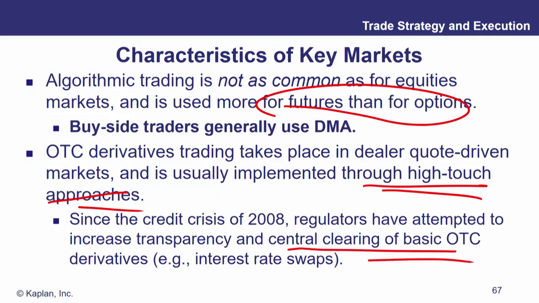Since the credit crisis of 2007 to 2009, regulators have tried to increase transparency and central clearing of over-the-counter derivatives, for example, interest rate swaps. So again, summarizing, algorithmic trading is not as common as it is for equity markets, but it is used for futures much more so than options.